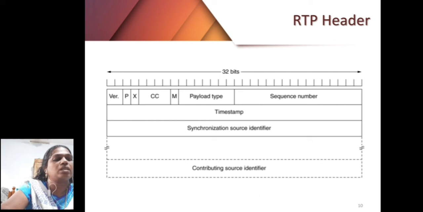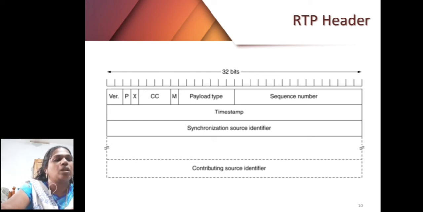Then the synchronization source identifier. This identifier tells which stream the packet belongs to. When multiple streams of messages are sent, it can identify uniquely to which stream a particular packet belongs.